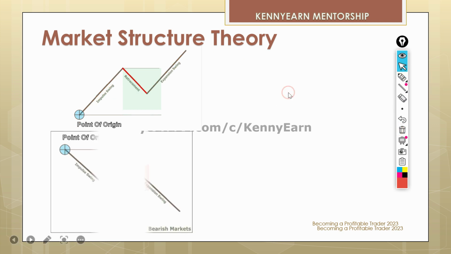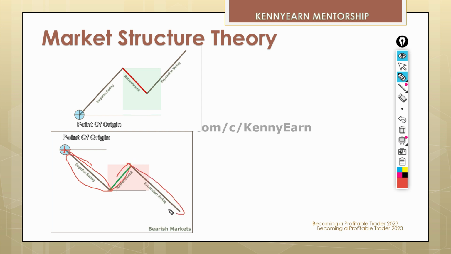And then for this one, it's the opposite. The market must start from a point of origin. It trades down, making an impulse swing, retraces, and then makes an expansion swing, and that makes the market go into a bearish market structure. So that's a lower low, lower high pattern or formation.